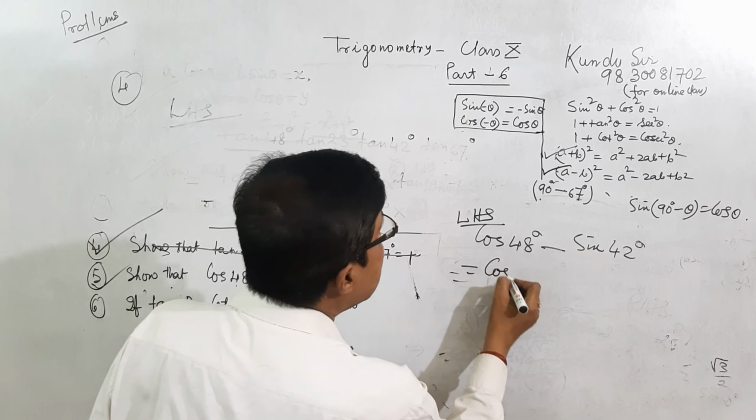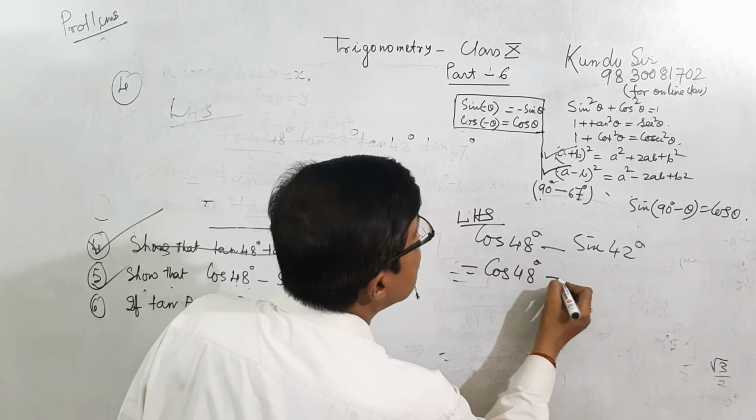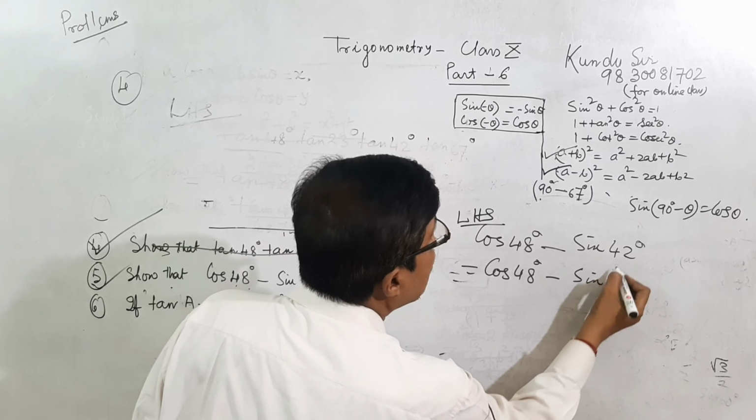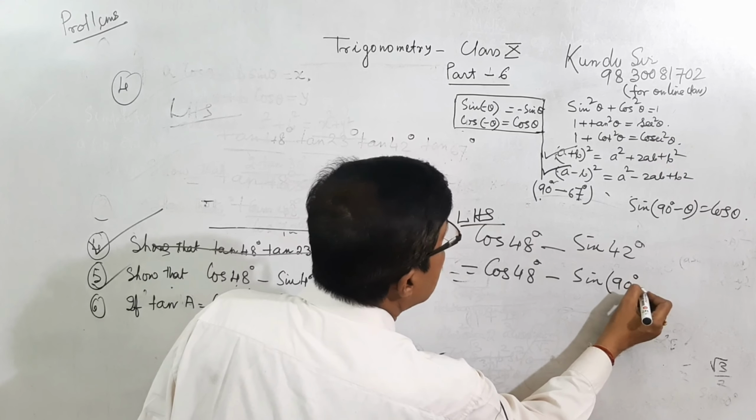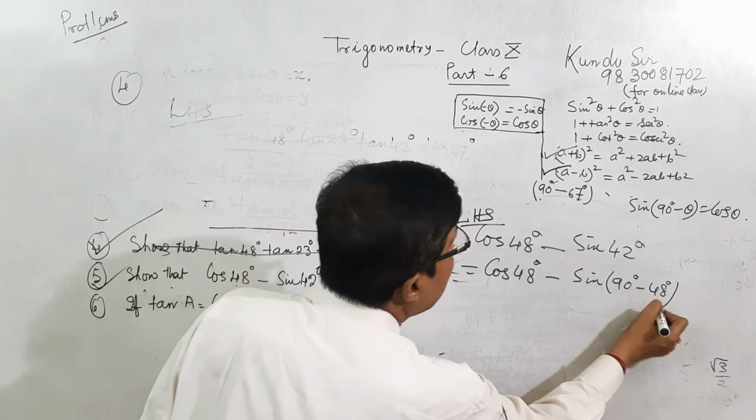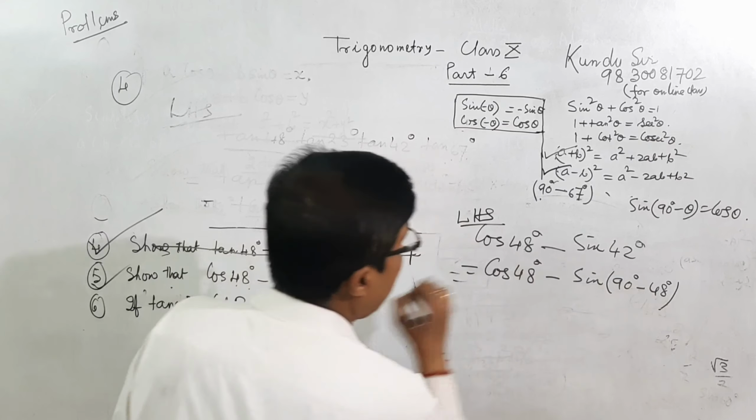Cos 48, don't change it; sin 42 is sin of 90 degree minus 48 degree, which is cos 48 degree, since sin 90 degree minus theta equals cos theta, so equal to 0. Right hand side proved.